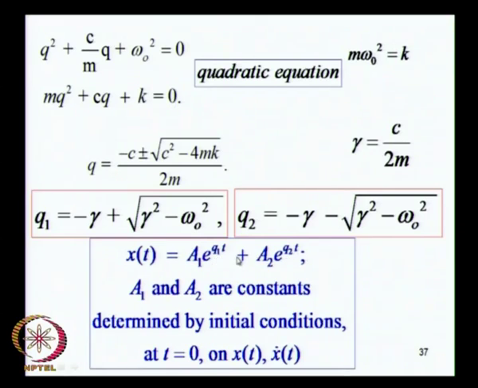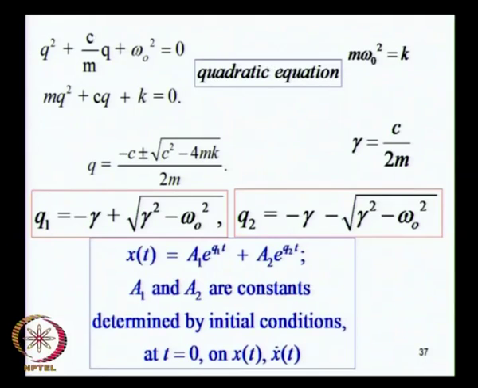Now, it has got two constants, these two are independent, and you get a general solution, and these two unknowns a1 and a2 are to be determined, but they can be determined by finding what is x at t equal to 0 and x dot at t equal to 0. So, if you plug in the values of x and x dot at t equal to 0, you can determine the two unknowns and your problem is solved.